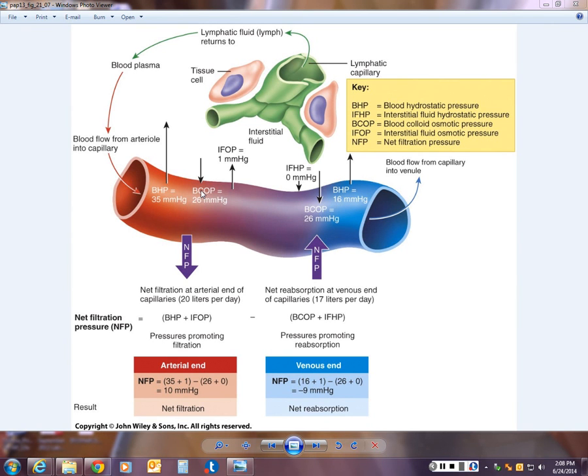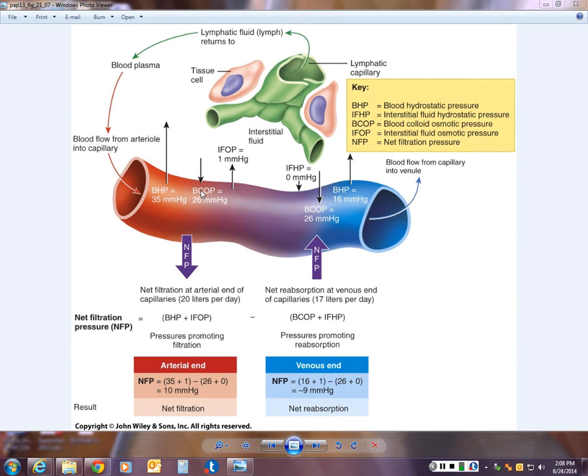Now, there can be two reasons why fluids will move. One could be the fluids themselves trying to move. That's a hydrostatic pressure. But in the process of osmosis, we see that the solutes within a solution can also try and dictate where fluid will move. And that's exactly what happens with the osmotic pressure. The solutes within that particular solution will try to pull fluid to where they are. They try to make it become a part of the fluid that the solutes are in.